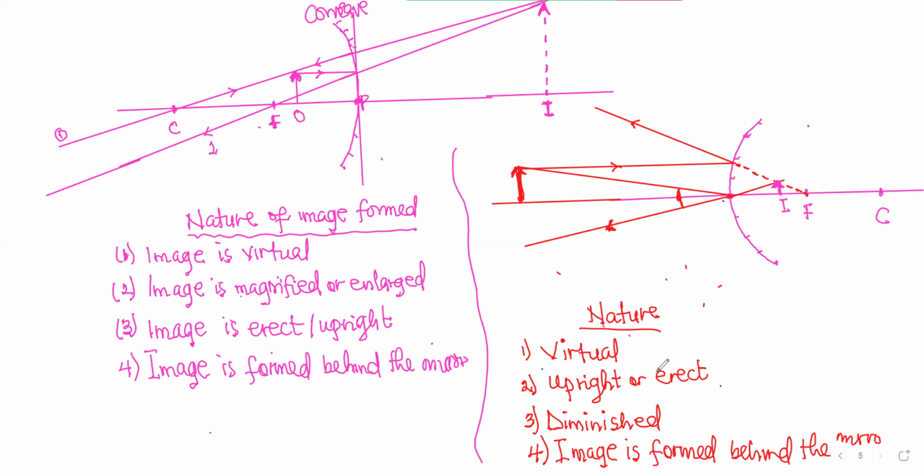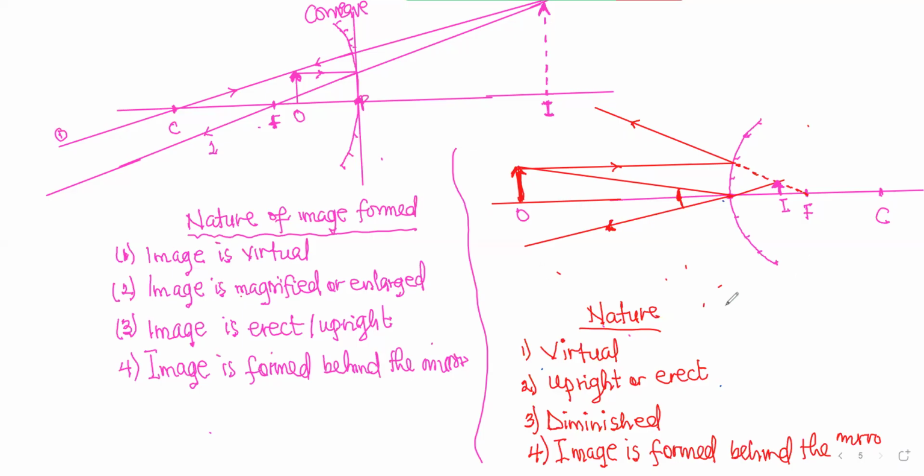Image is upright or erect. Look at the head orientation of the object and of the image. So the image is upright. Image is diminished. Look at the image size and object size, reduced in size. An image is formed behind the mirror.